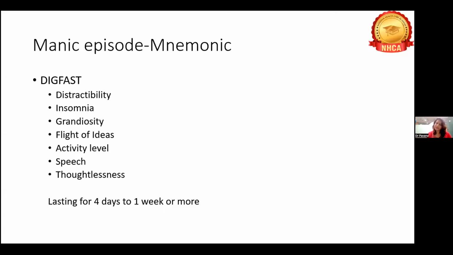But in mania, his speech is very clear, comprehensible, and understandable. But from one topic to another, he keeps shifting, very fast. Distractibility, he does not think, there is no appropriateness in what he talks. You sit and talk, and he can talk about something else. So the topic changes from one to another.